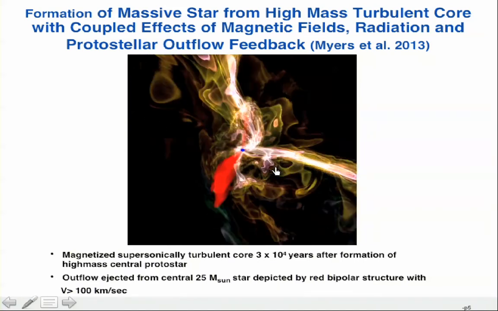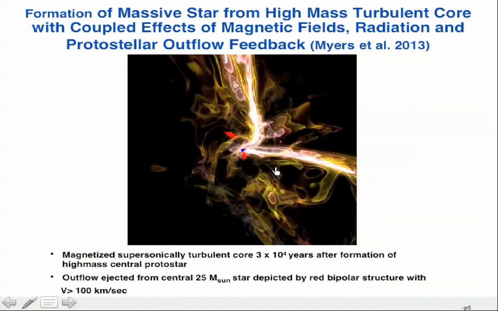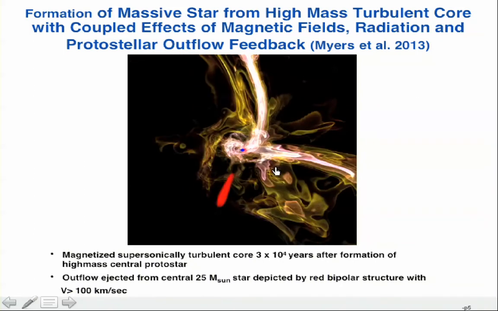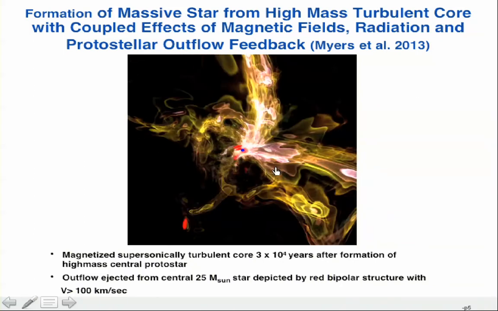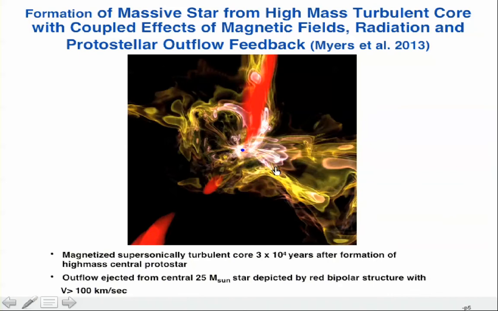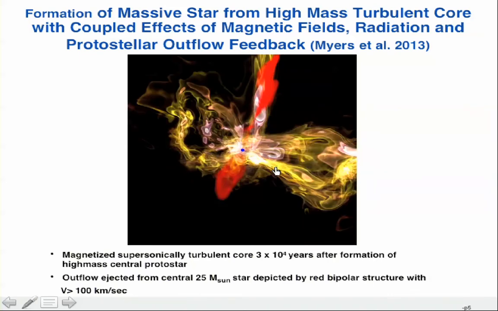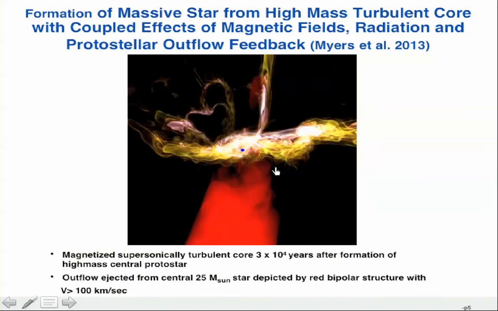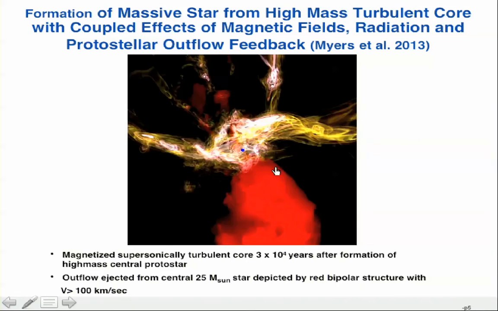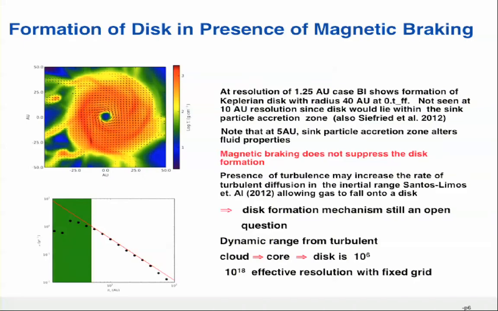In addition to that feedback, we have feedback from the radiation itself, all interacting with filaments that are trying to accrete mass to build this star, and yet we have these feedback mechanisms that make the entire environment around the object entirely complex. This is the type of complexity that we have to overcome as we go further down in scale. Now, if we go further down in scale to a resolution of about 1 AU, we now see the emergence of a Keplerian disk.